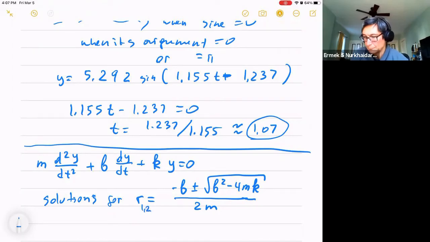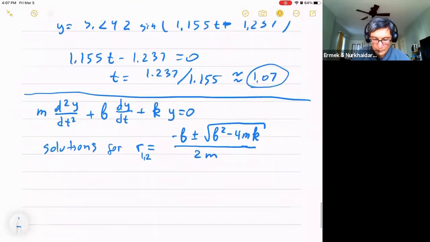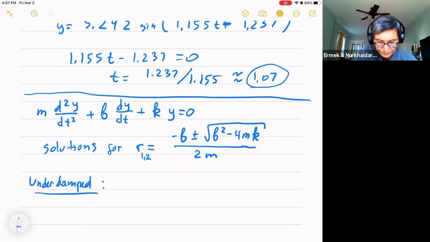So it's roots. Okay. So we have the underdamped case. Underdamped means the system will oscillate, and in our case that means complex roots.